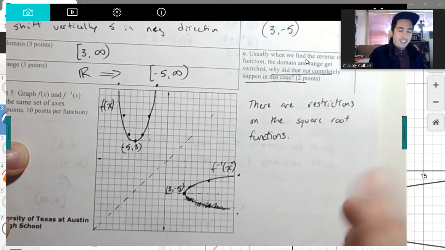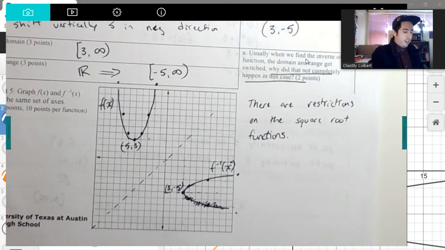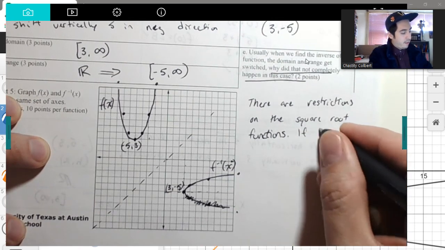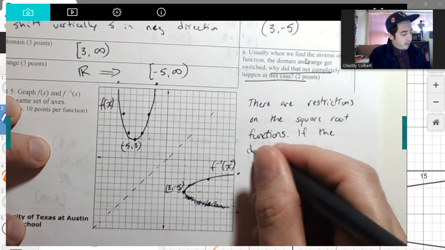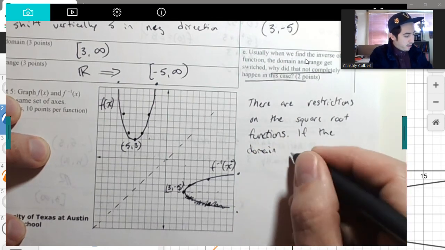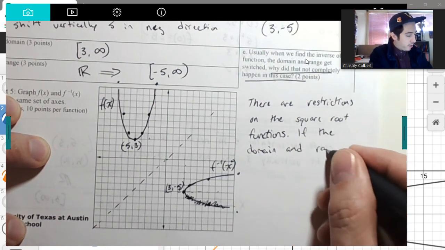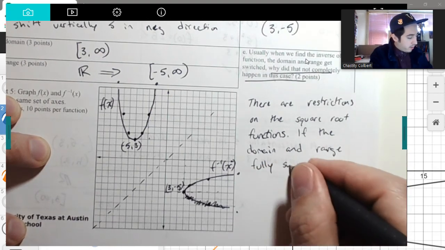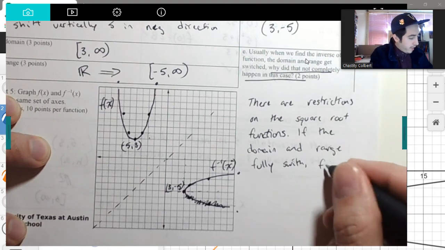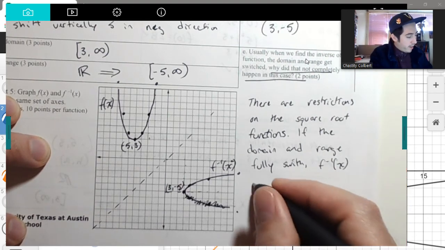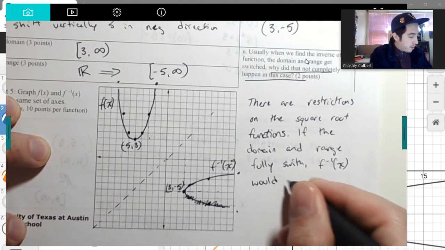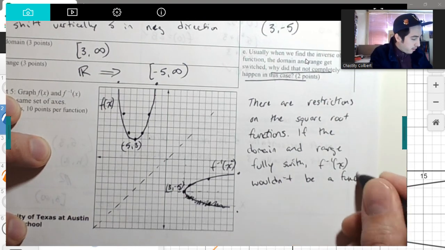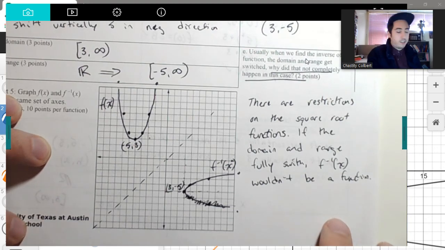I think that makes sense, since they're squaring the functions. Maybe if the domain and range fully switched, f inverse of x would not be a function.